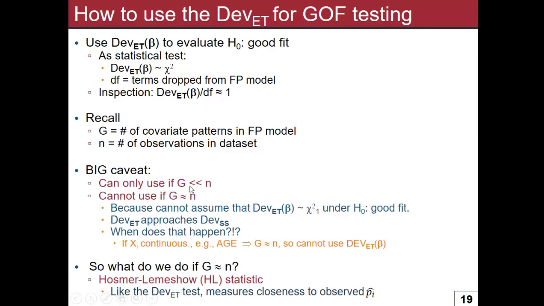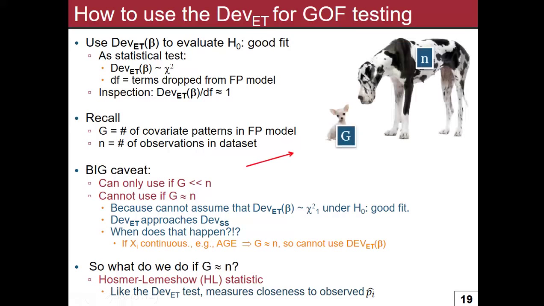So there's a big caveat to this model. Here we go. Involves dogs. I like Google image search, so here we are. We have dogs. This only works if you have a reasonable number of covariate patterns. If the number of covariate patterns is very large, because you have a continuous variable, like age, then you have as many unique patterns of covariates as you have people in your data set, essentially.